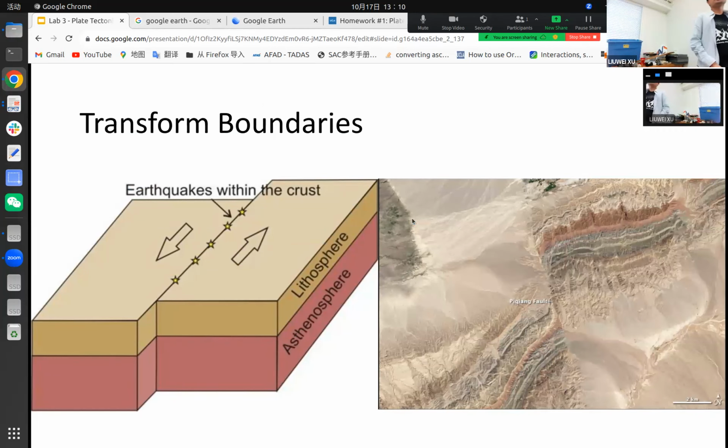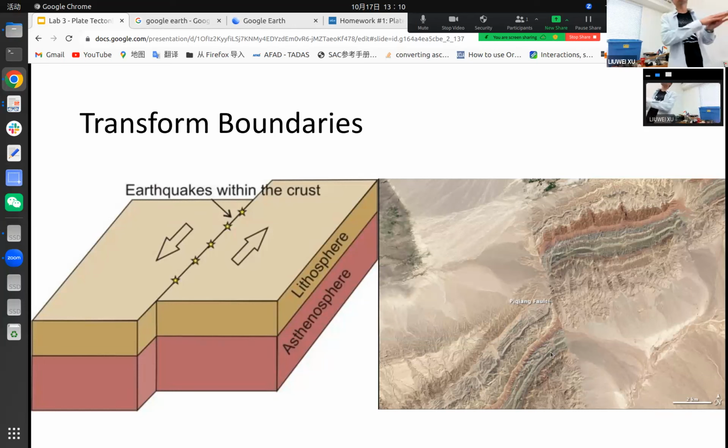The third one is transform boundary. If you remember what I have said before, two plates move parallel with each other. And the right figure is a very good example for the transform boundary. Before two plates move, we expect these red rocks align with these red rocks, and these blue and green rocks align with these blue and green ones.